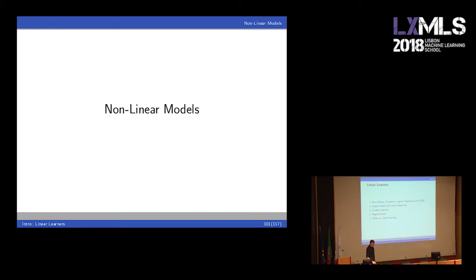Yeah. So the last section I will talk about is how can we pimp our linear models? How can we make the linear models more powerful without losing all the niceties of convex optimization?